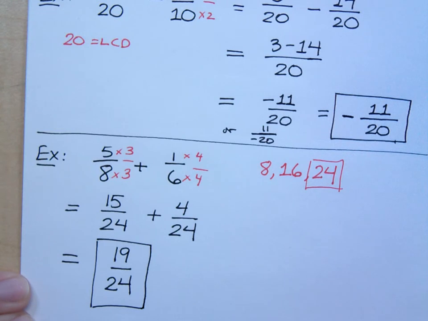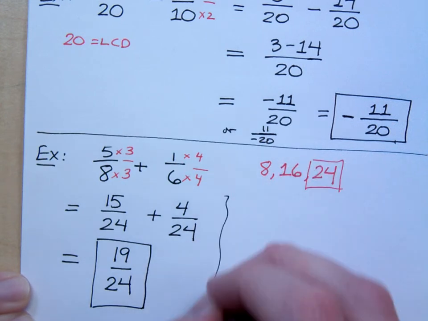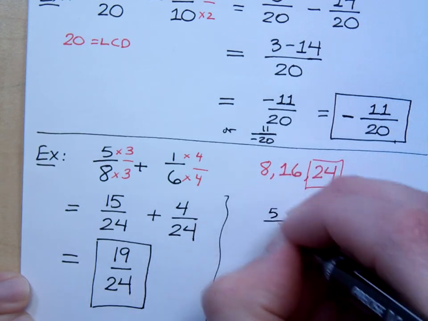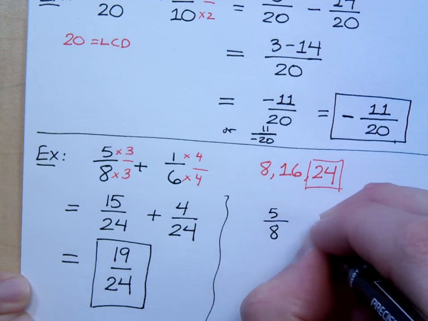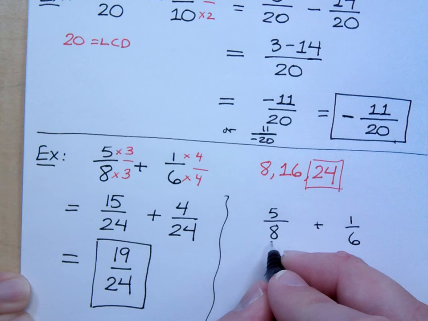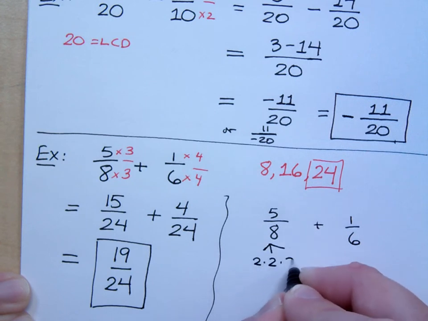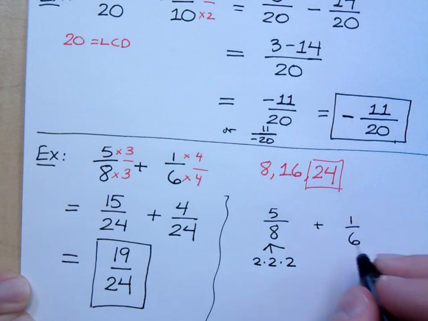Now, here's another way of looking at how do we come up with that 24. If you take 5 over 8 and 1 over 6, look at the factor tree for 8. 8 breaks down as 2 times 2 times 2. Do you all agree? How does 6 break down? 2 and 3.